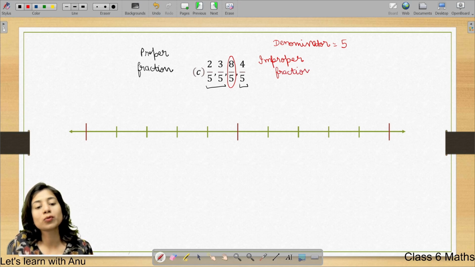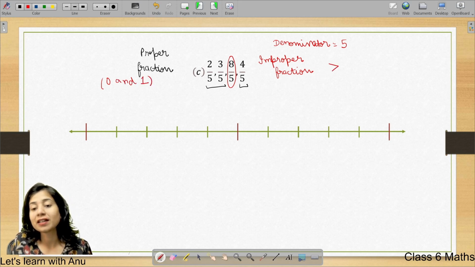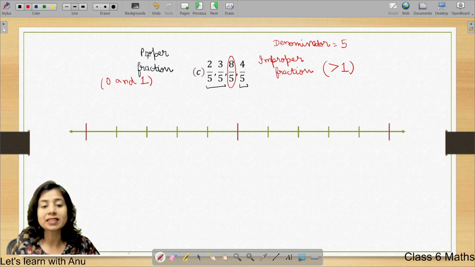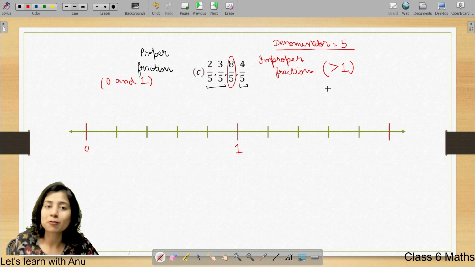And we all know that a proper fraction lies between 0 and 1, whereas an improper fraction is greater than 1. This is a very, very important point, class. So we have to plot according to that. So first of all, for plotting these proper fractions, we are going to divide the length between 0 and 1 into 5 equal parts because the denominator is 5.